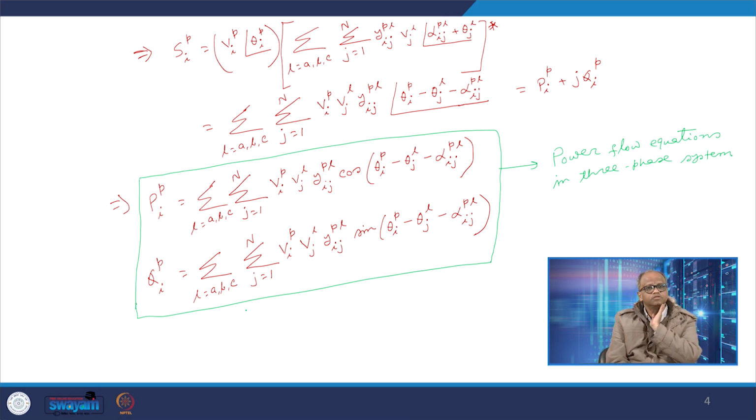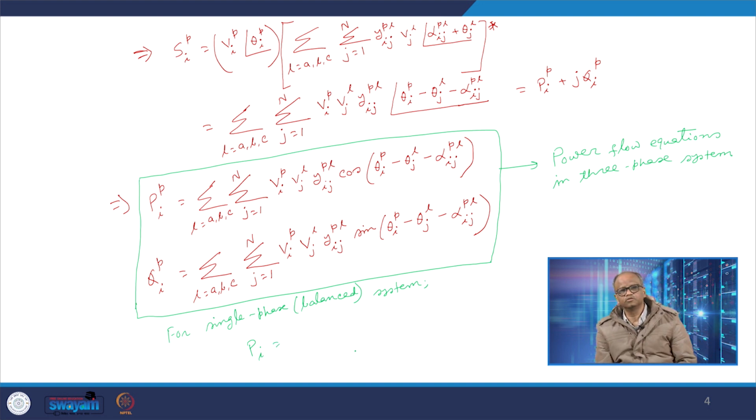Now suppose we just simply recollect the power flow equation for a single phase system. For a single phase or balanced system, I know that Pi would be given by, because it is single phase or balanced, there is no question of any kind of phase.